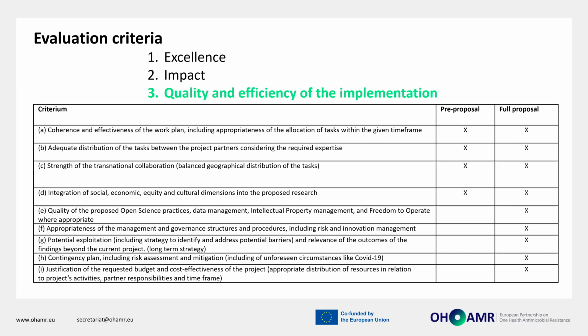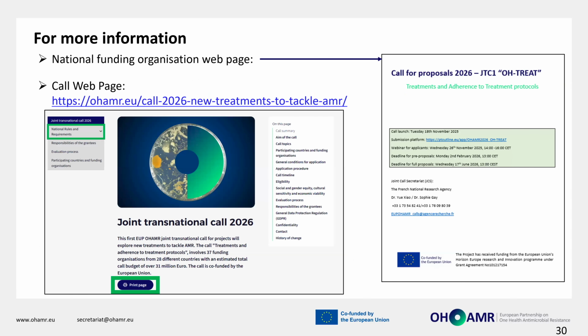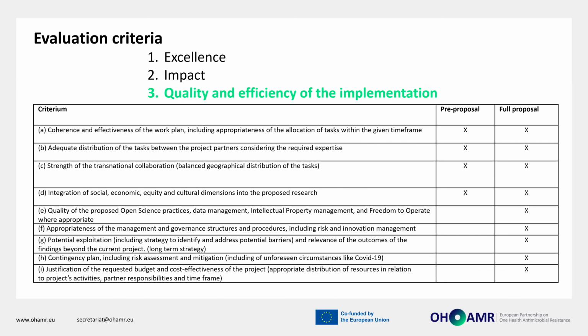Contingency plan, including risk assessments and mitigation, including unforeseen circumstances like COVID-19. Justification of the requested budget and costs, effectiveness of the project, appropriate distribution of resources in relation to project activity, partner responsibilities, and time frame.